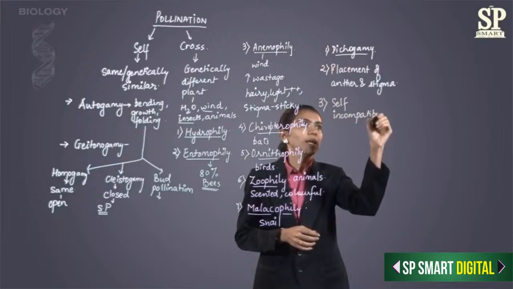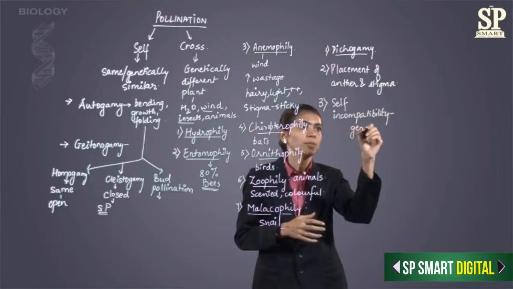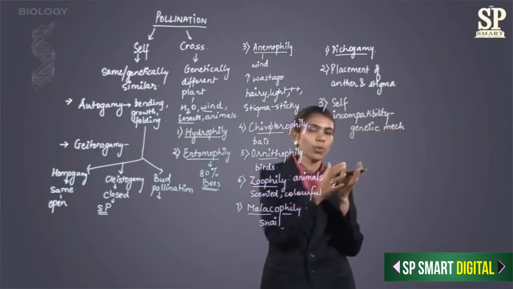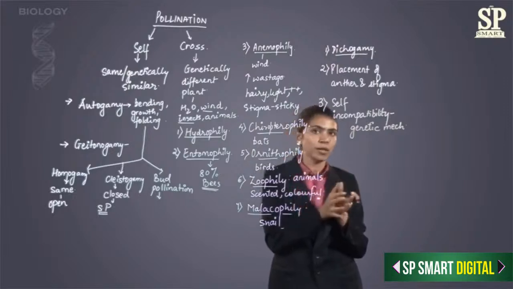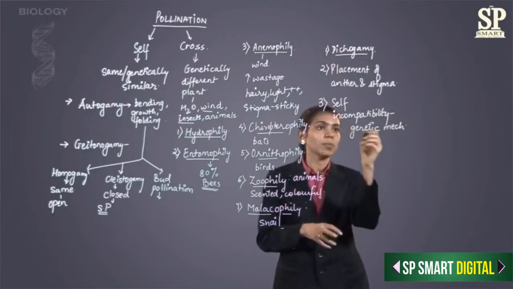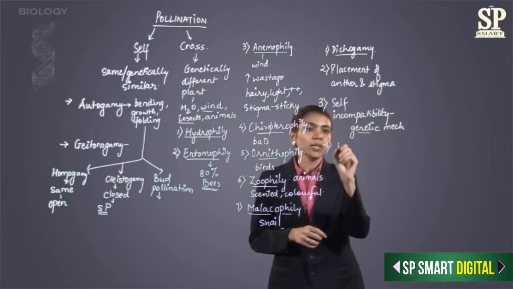This self-incompatibility occurs at the level of genes. It is a genetic mechanism which prevents pollination by the same flower. It prevents fertilization by the pollen grains of the same flower.